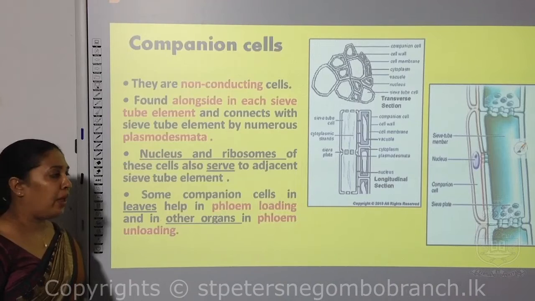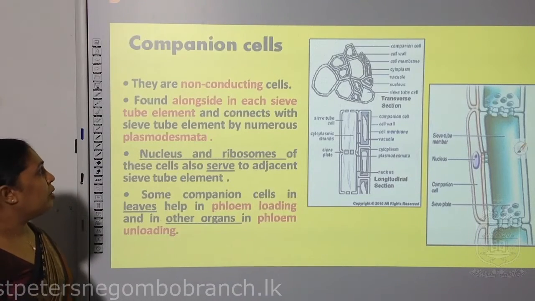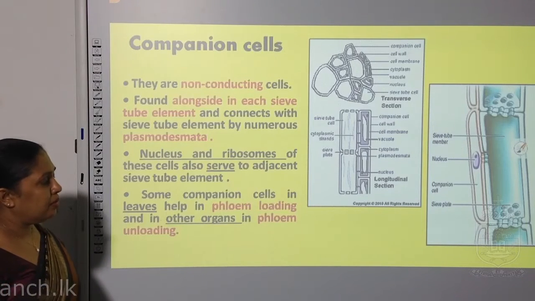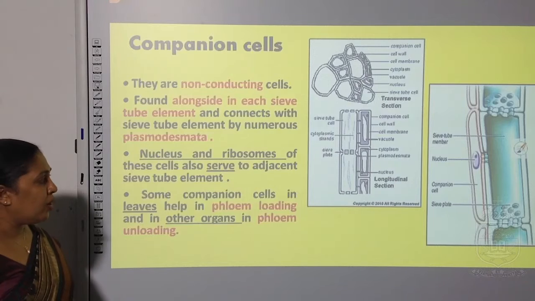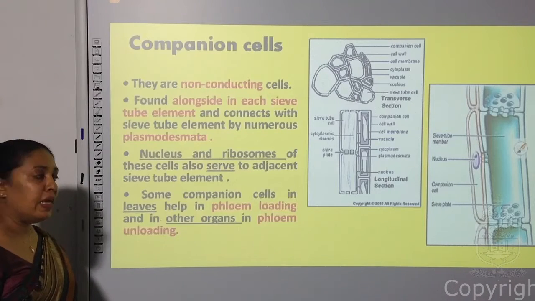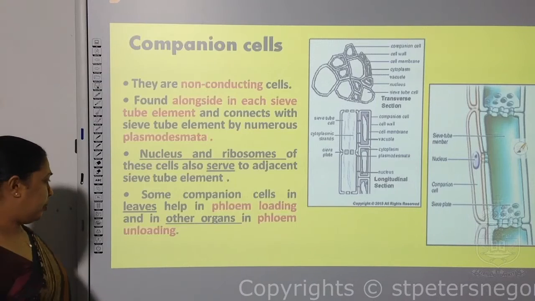As a companion, they help the sieve tube element because it lacks the most important cellular organelles. Companion cells help in phloem loading in leaves and in phloem unloading in other organs.